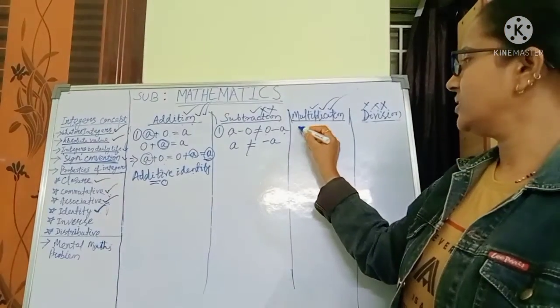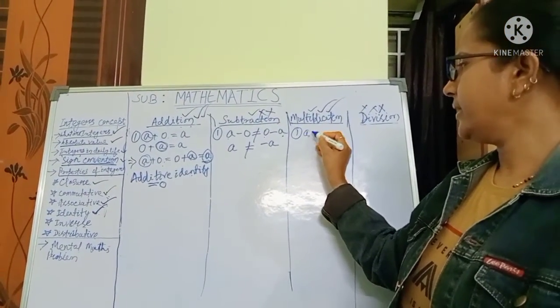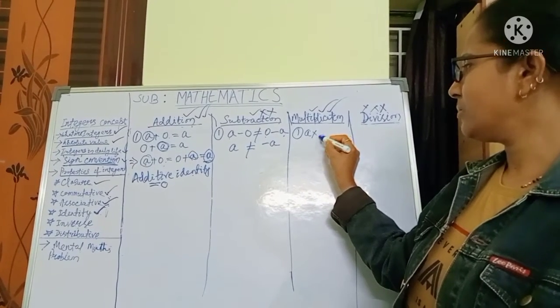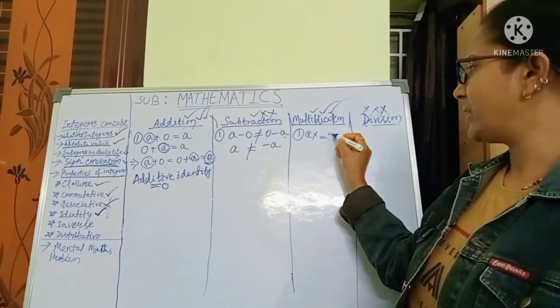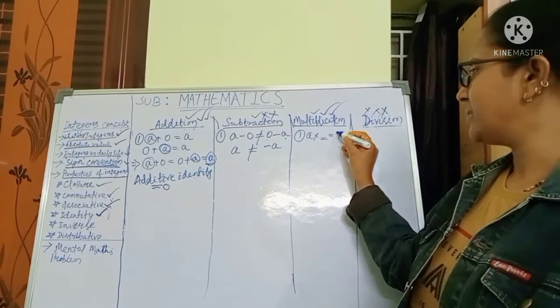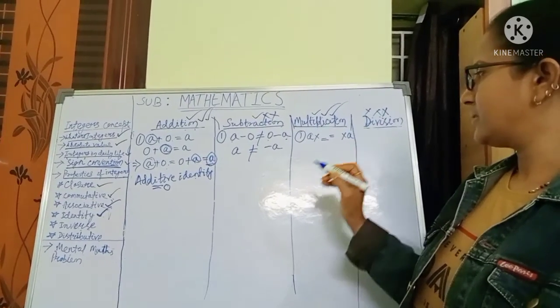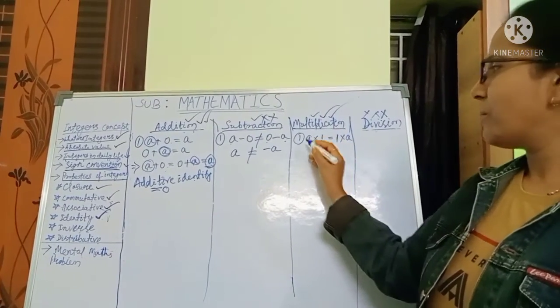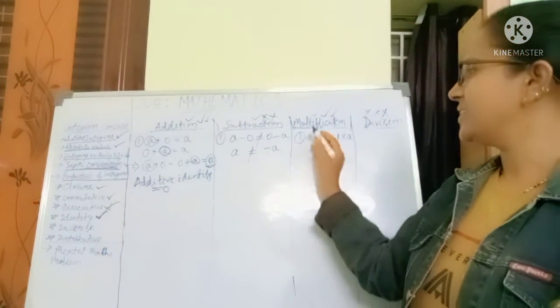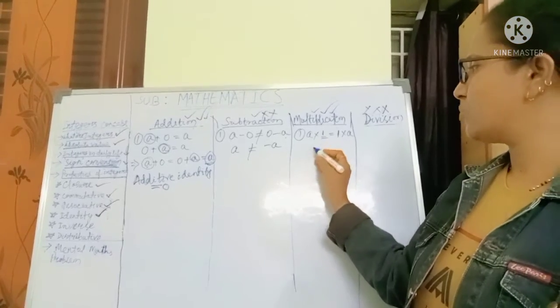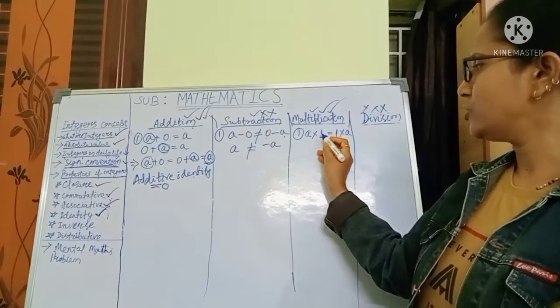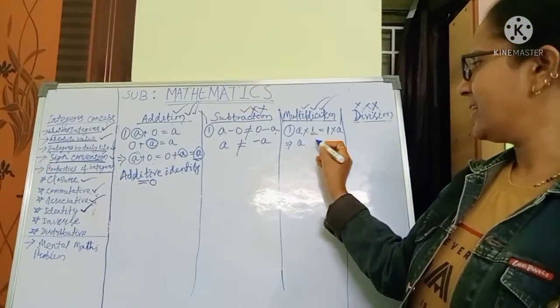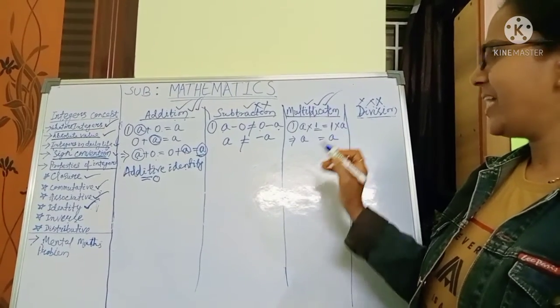For multiplication, we will check: a multiplied by what number gives the same number, the same identity? It will be 1. 1 is the multiplicative identity, because a into 1 is a and 1 into a is a.